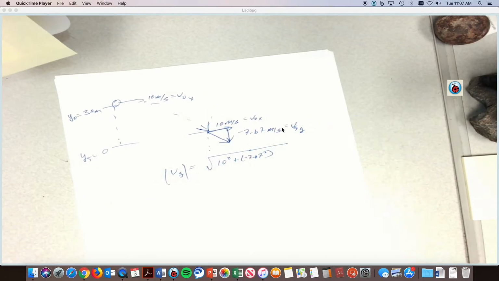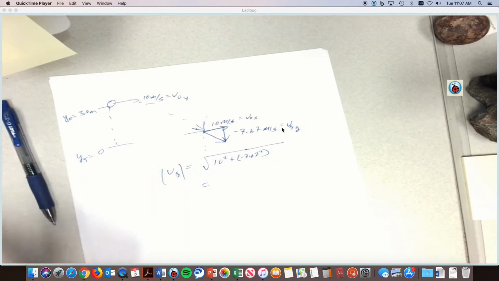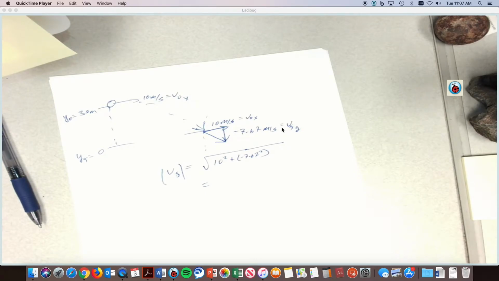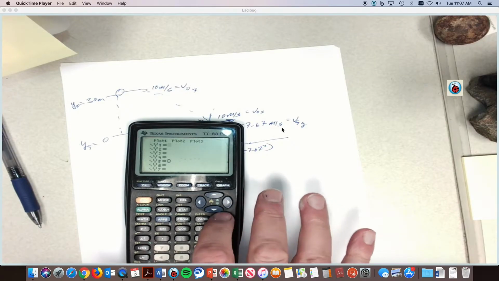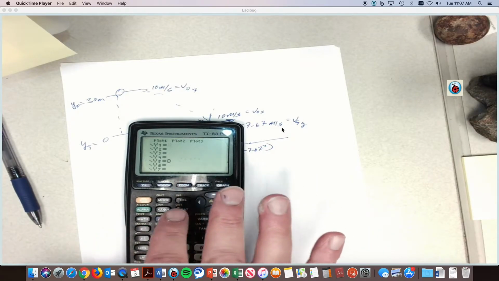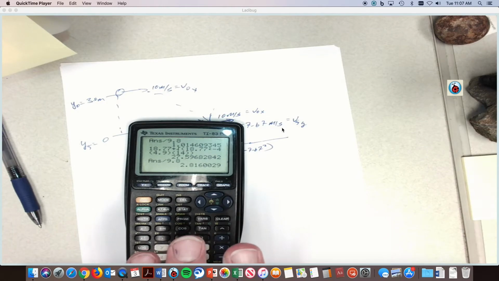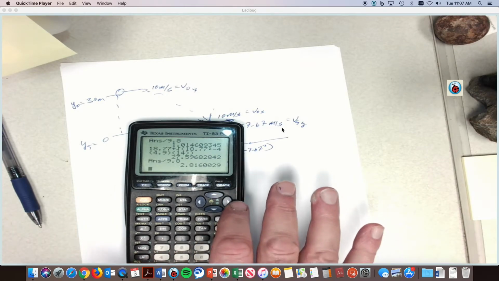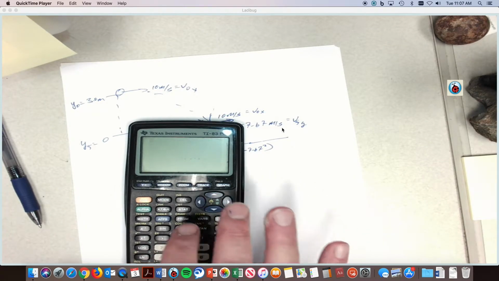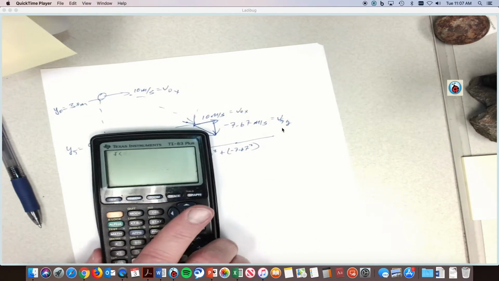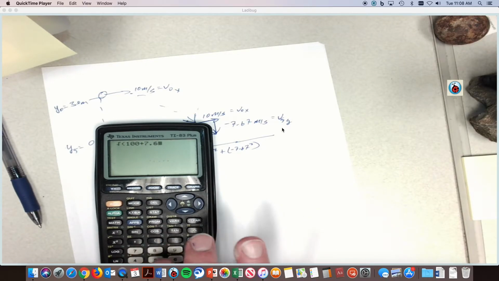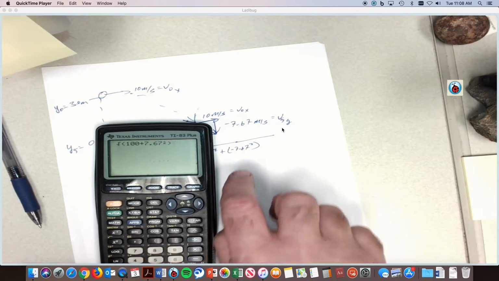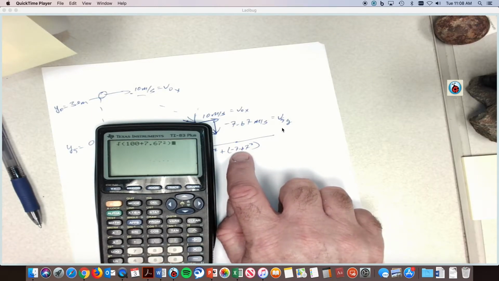I have to be very, very careful with my calculator. So we take the square root of 100 plus 7.67 squared, because I know that's negative 7.67 squared.